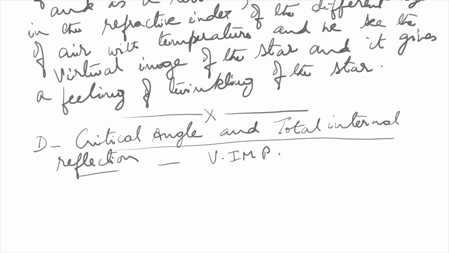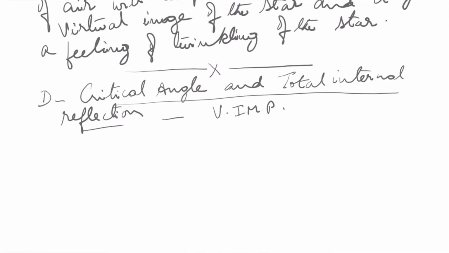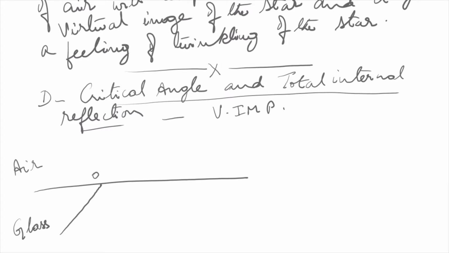Okay, now first let us understand what it is. Let us consider a light ray incident. Suppose this is glass, which is denser, and this is air. Suppose an incident ray is incident here at point O. This is the normal at this point, and this is the angle of incidence.